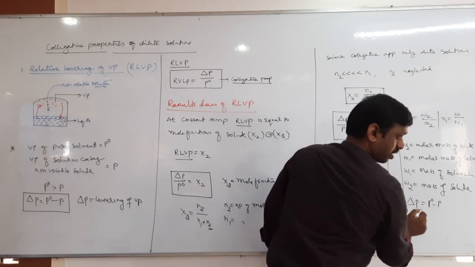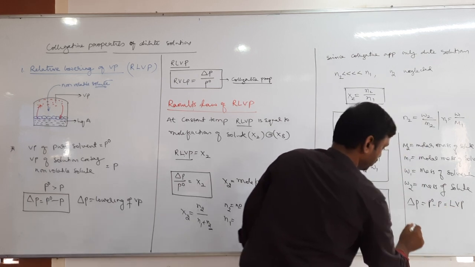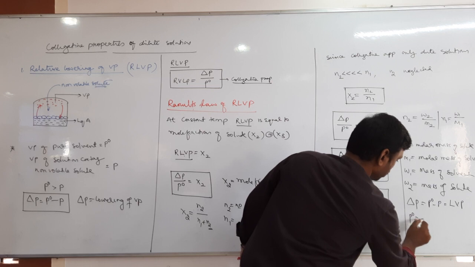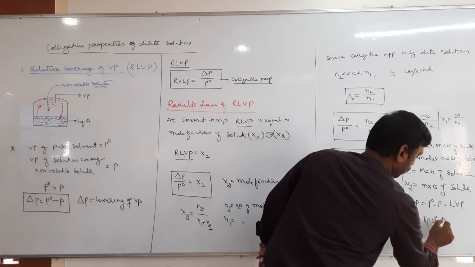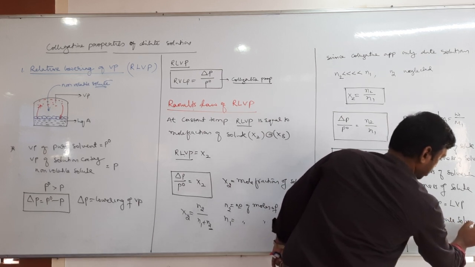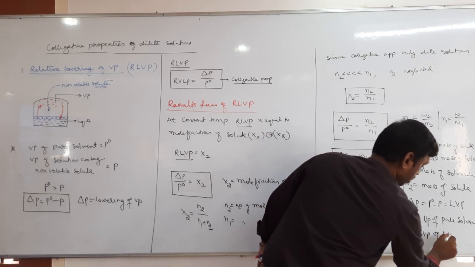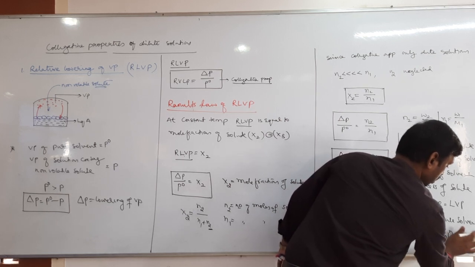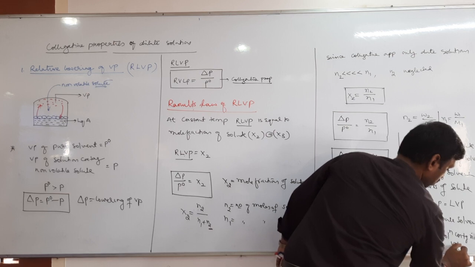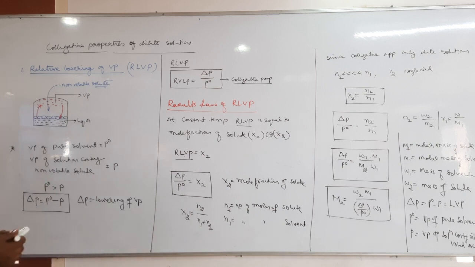P naught minus P. It is nothing but the lowering of vapor pressure. And what is P naught equal to? Vapor pressure of pure solvent. And what is P equal to? Vapor pressure of the solution containing a non-volatile solute. So this is RLVP, the relative lowering of vapor pressure.